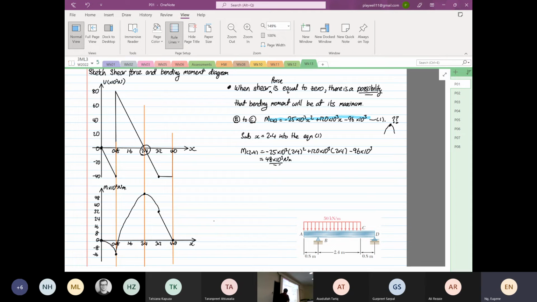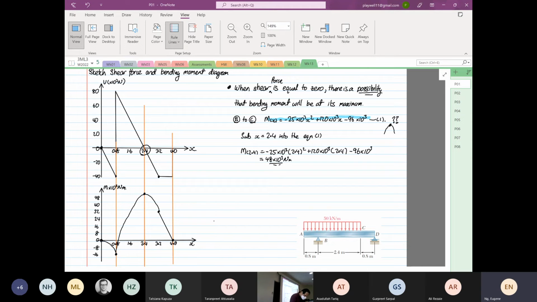So if you look at this point, the shear force crosses zero. And when it crosses zero, the bending moment is at its what? Maximum. That is why the statement is made: when shear force is equal to 0, there is a what? Possibility. You have to what? Check. Are we clear? Most important thing is we have to check.